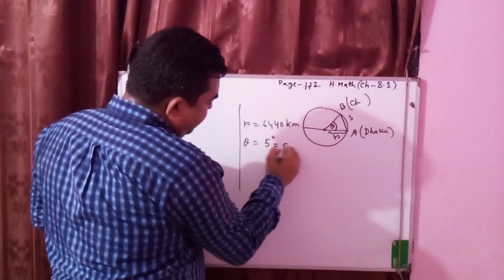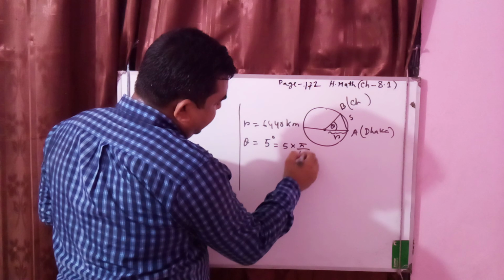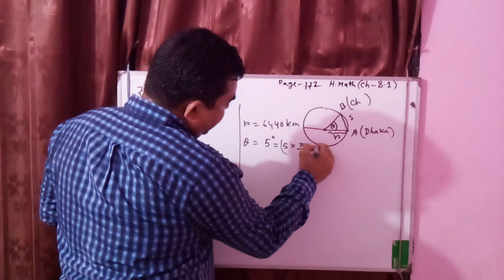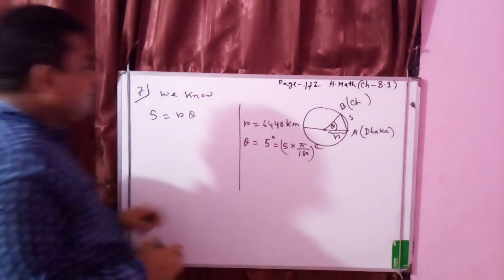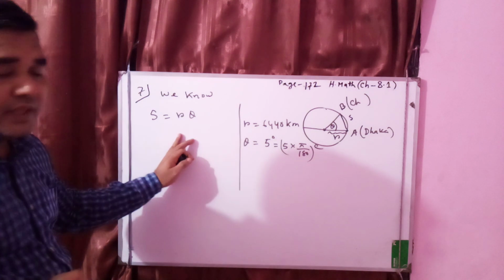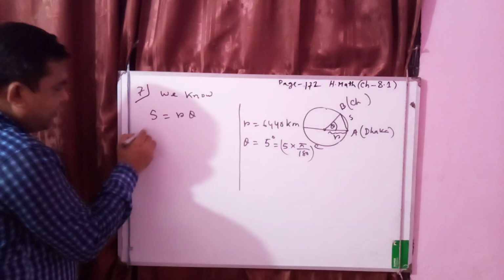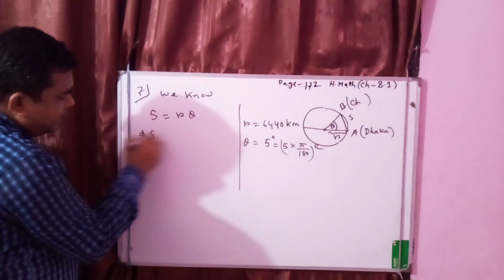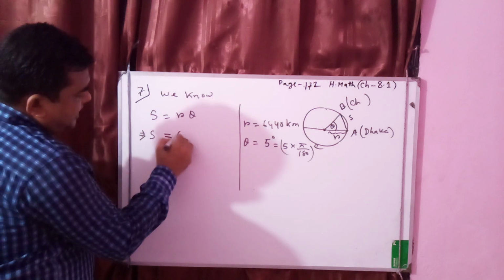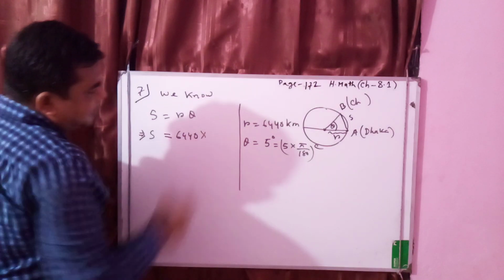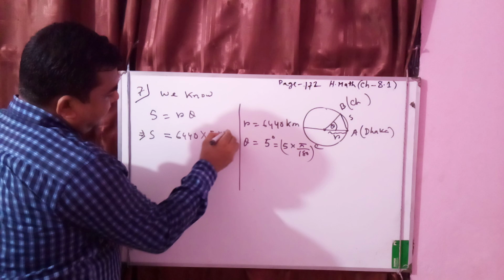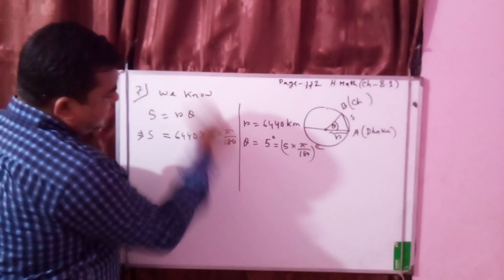So 5 multiplied by pi divided by 180 radian. Putting this value in this formula, we get S equal to r theta, that means 6440 multiplied by 5 multiplied by pi divided by 180.